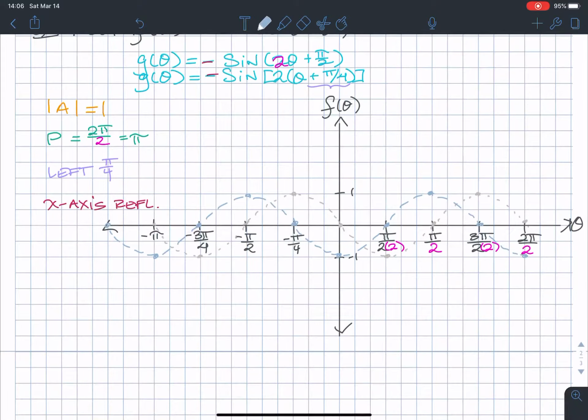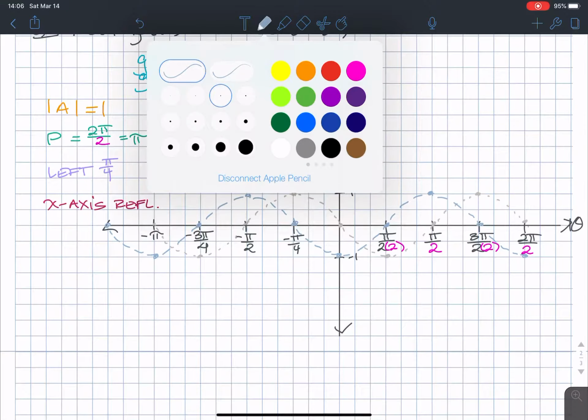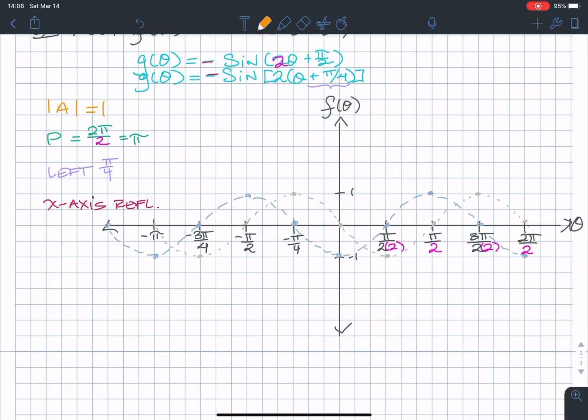Okay, so the reason I did this first is because the vertical asymptotes, let's do those in orange, are shifted, because my x-intercepts have been shifted. So the vertical asymptotes to the graph of cosecant have to wait until I've shifted left or right before we plot them.